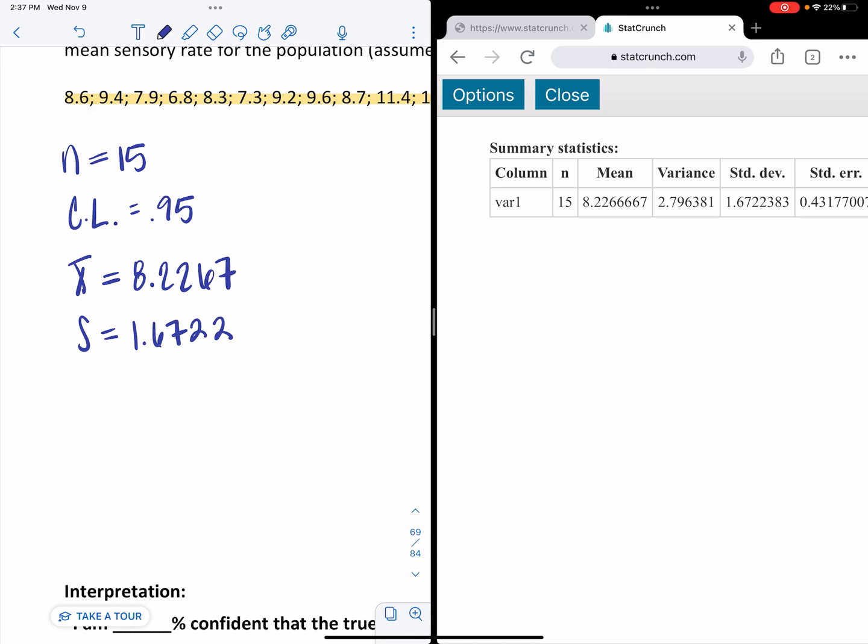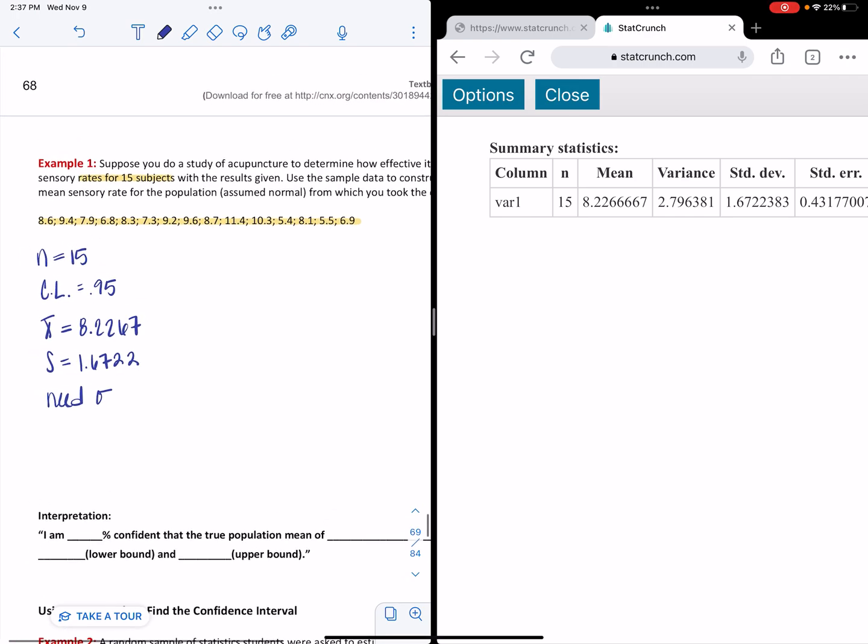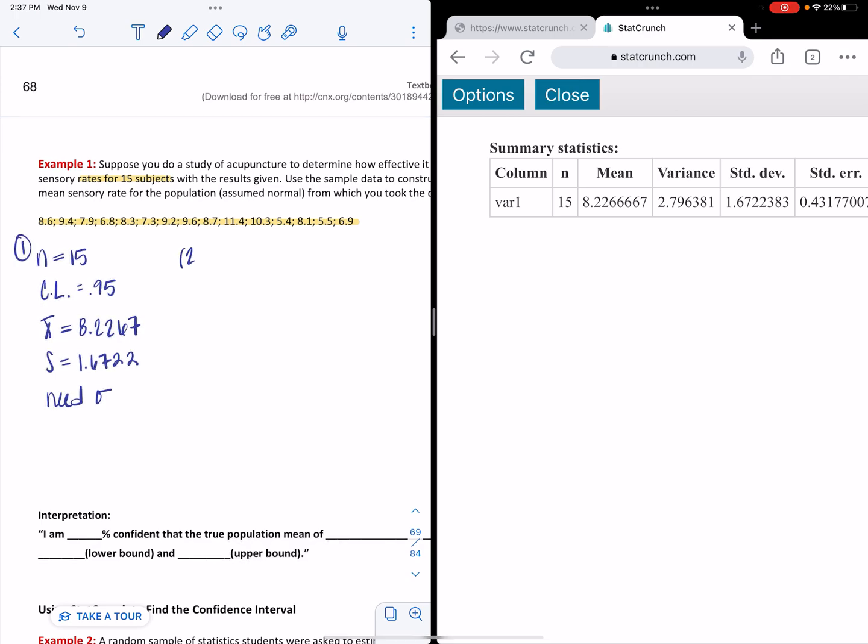We need, or I guess we don't know, sigma. That is our clue to use the student t distribution. So this part was step 1 on the list.